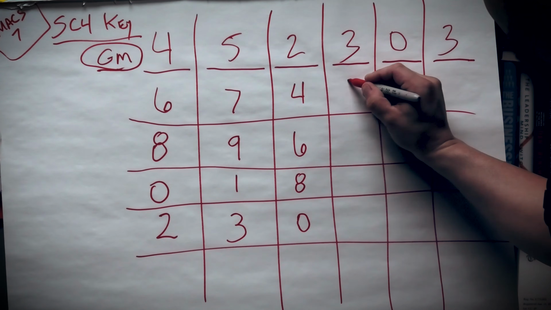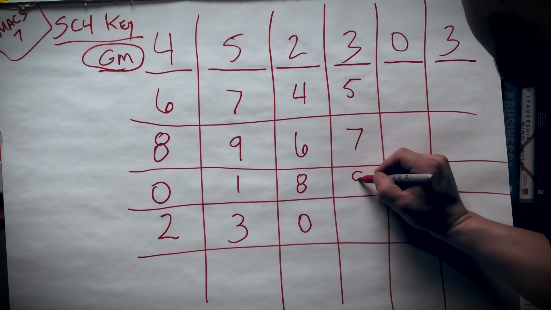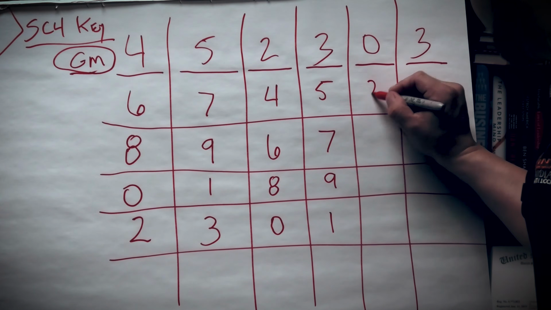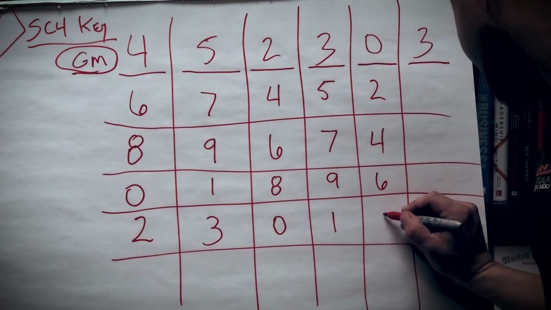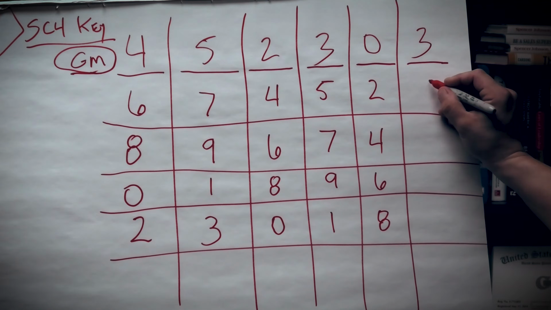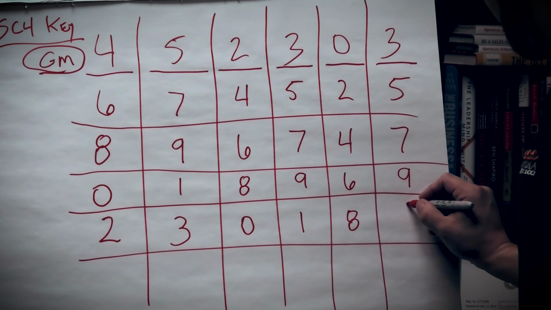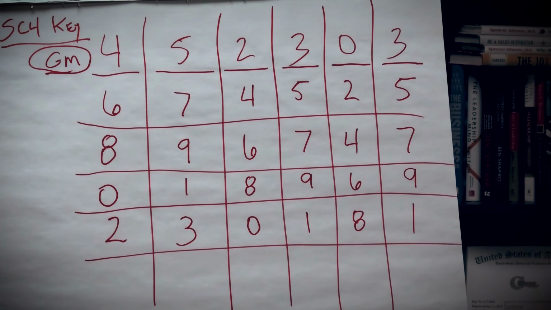And then 3, 5, 7, 9, 1, and 0 would go 0, 2, 4, 6, 8. 3 would go 5, 7, 9, 1. Okay?